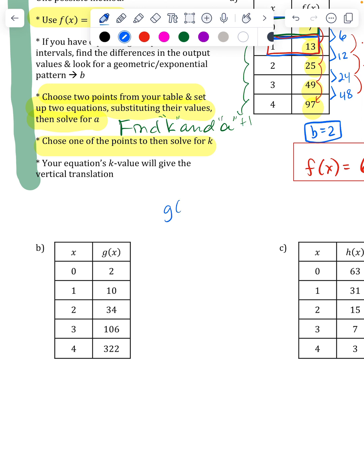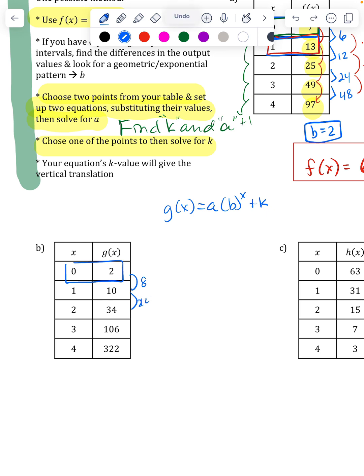So I know that I'm looking for a g of x equals a times b to the x plus k. Let's use this first. So g of x equals my unknown a. Oh, sorry, let's find b first while I have room by the table. Let's do that first. So this is going to go up 8. This is going to go up 24.